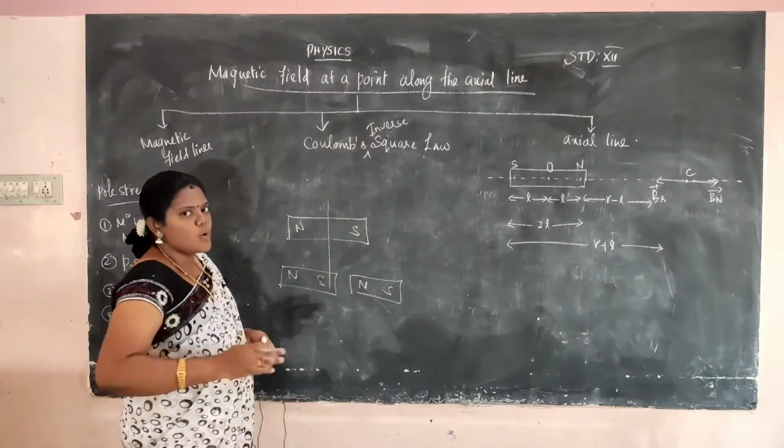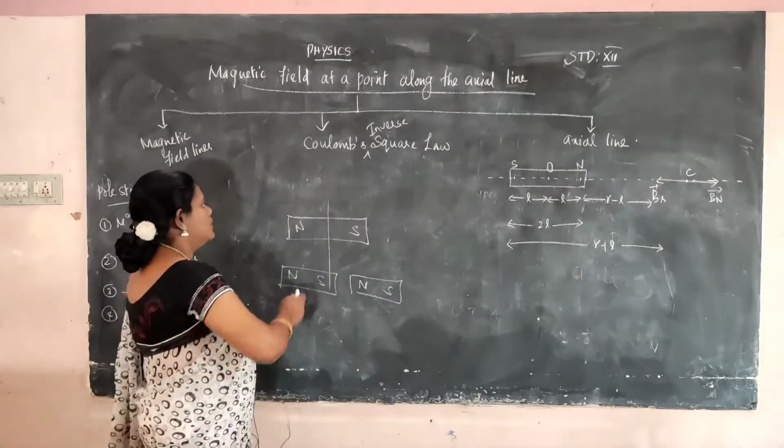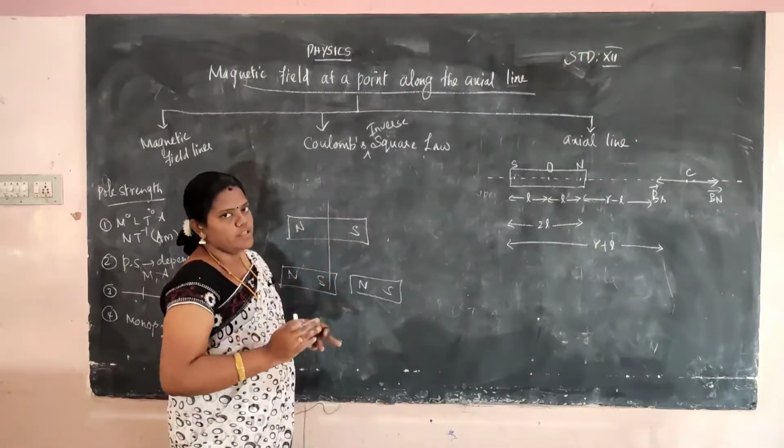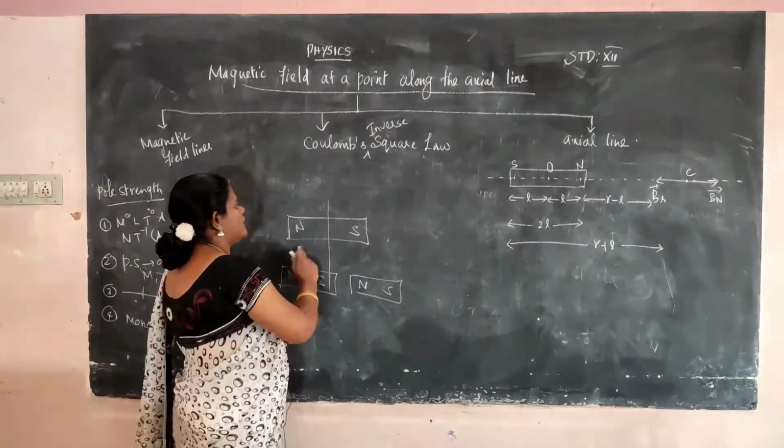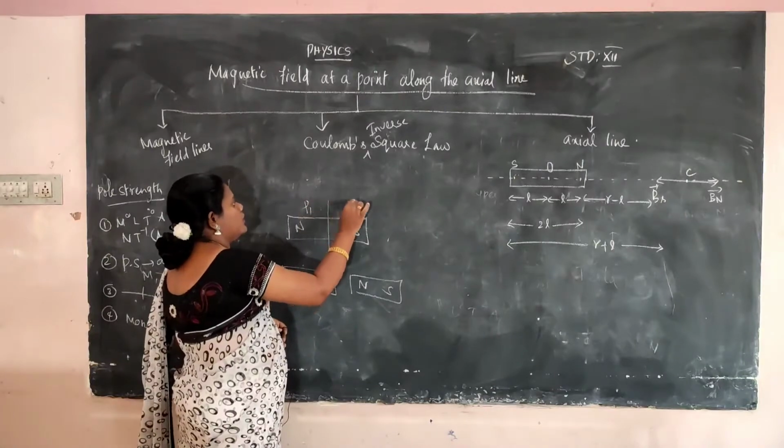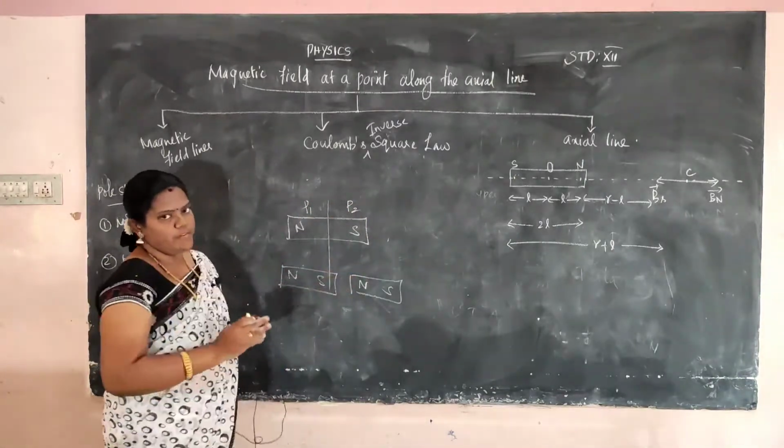Suppose one magnet is cut horizontally. The pole strength is divided into two, not the poles, but the pole strength is divided into two.